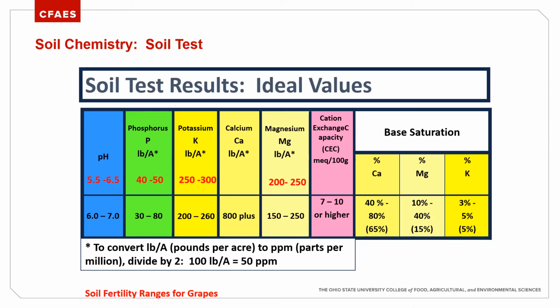As we add lime, calcium carbonate, we begin to increase the CEC. We start to see the saturation go the other way. Base particles of calcium, magnesium, and potassium begin to take over the sites.